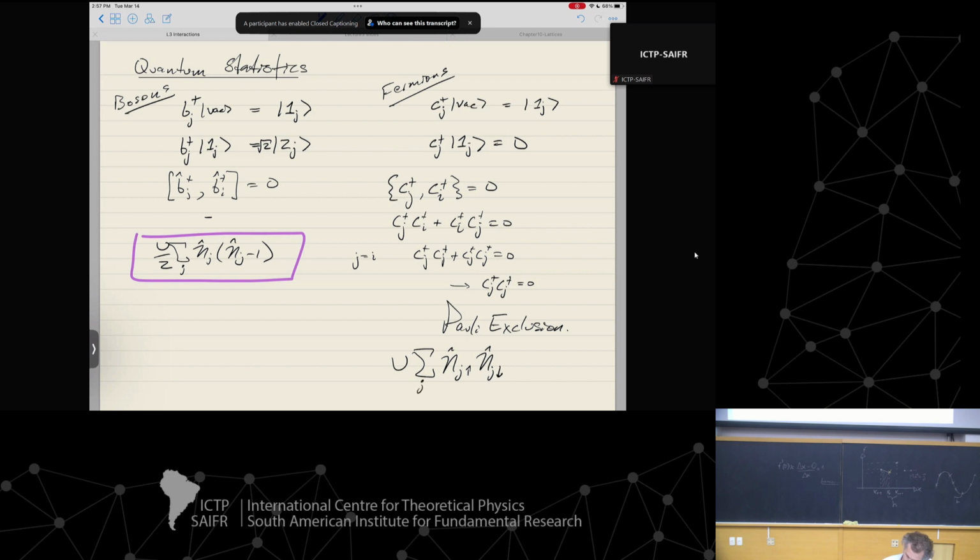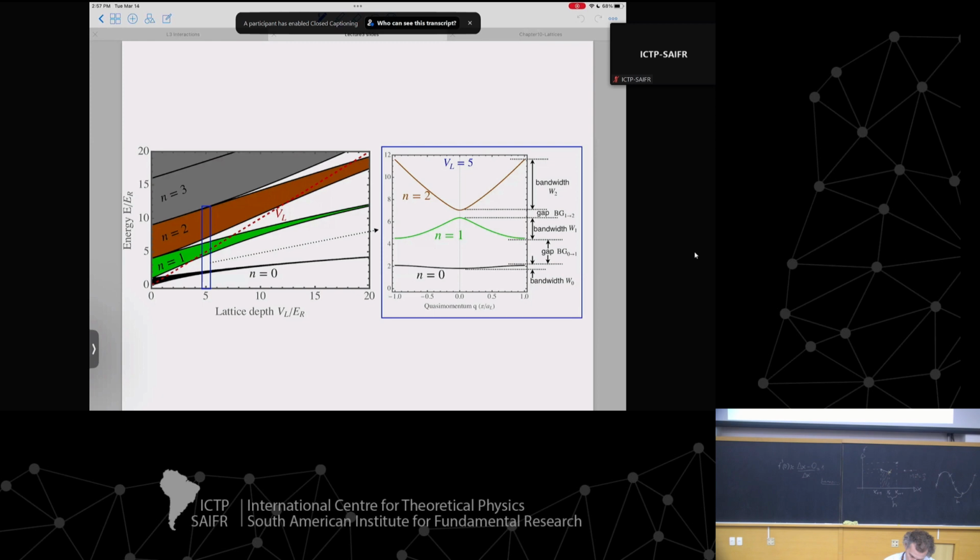Or I need to go to multi-band problems where I put one fermion on the lowest band and one fermion that's identical on the next band. If I do that, though, they need to p-wave interact. And we're not talking about p-wave interactions here. So for s-wave interactions, you want this kind of interaction term for the Fermi-Hubbard model. And that's what I'm showing here.